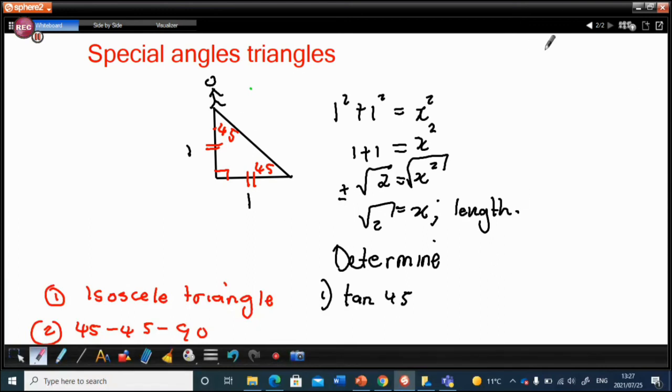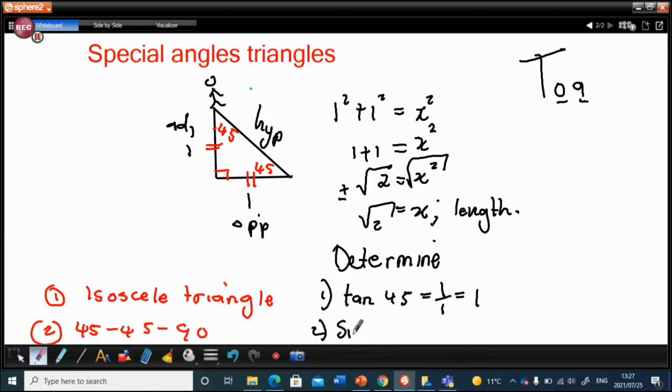So that's TOA, which is opposite over adjacent. If I'm standing here, what's opposite me? It's that, and what's adjacent is that, right? Because this one is, of course, the hypotenuse. Never change it. So you have 1 over 1. So tan 45 will be equal to 1 over 1, which is equal to just 1.